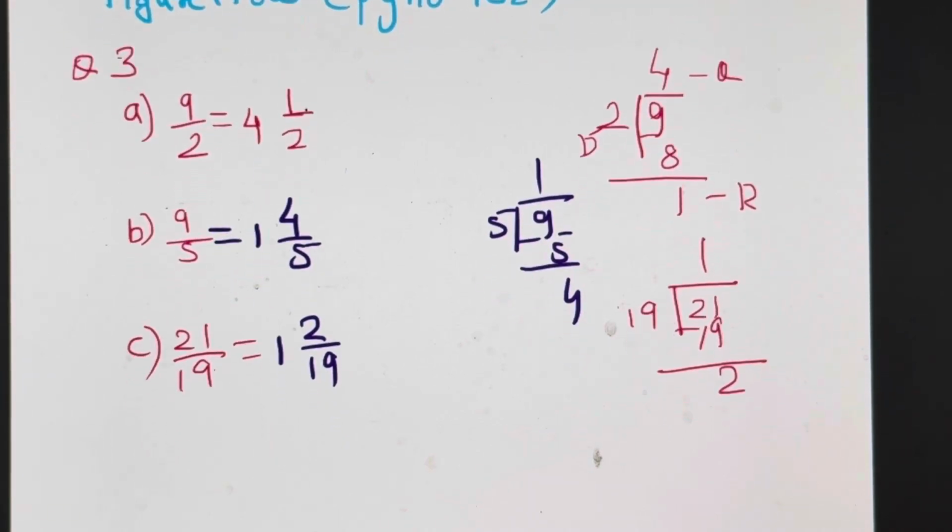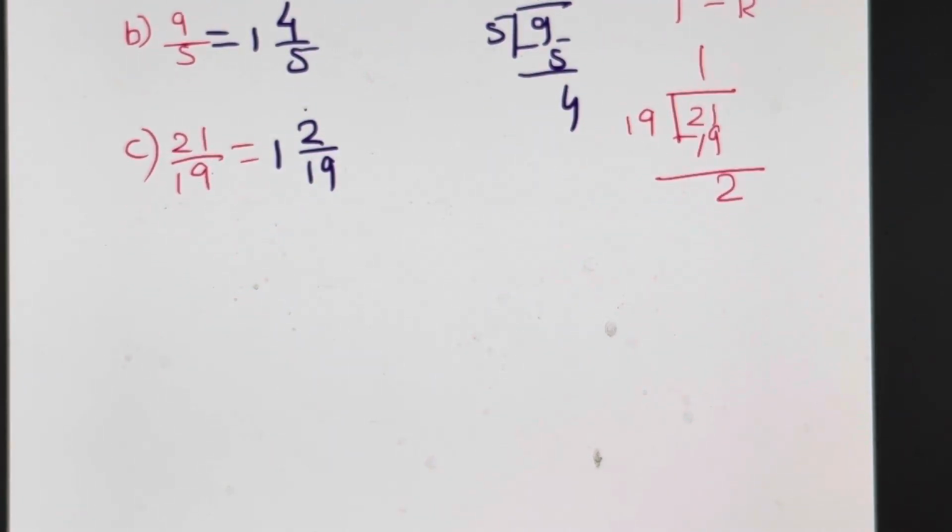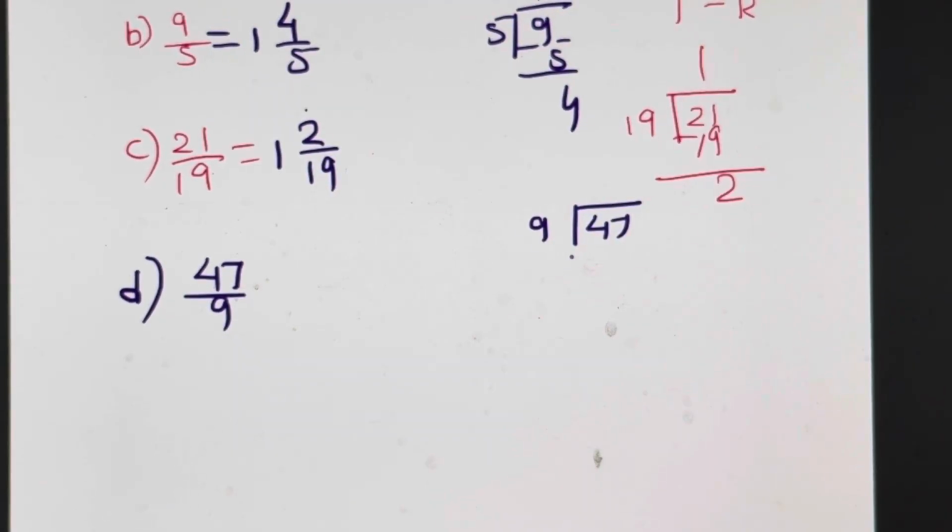Okay. Let us do question number D. D is 47 upon 9. So we divide 47 by 9. 9 fives are 45. 2 is the remainder.